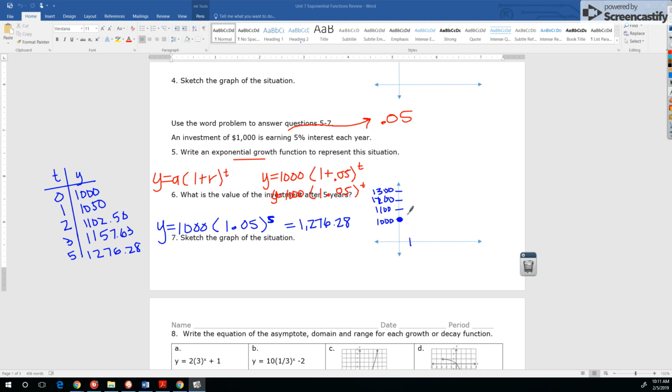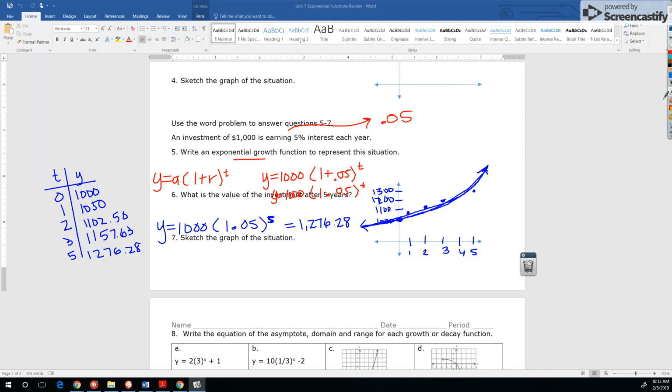After 1 year, I'm halfway. 2 years, I'm right above 1,100. 3 years, up to 1,157, so a little over halfway. I skipped 4, and then 5, I'm almost at 13. So I see more of a curving like this. Sorry, my drawing is awful.